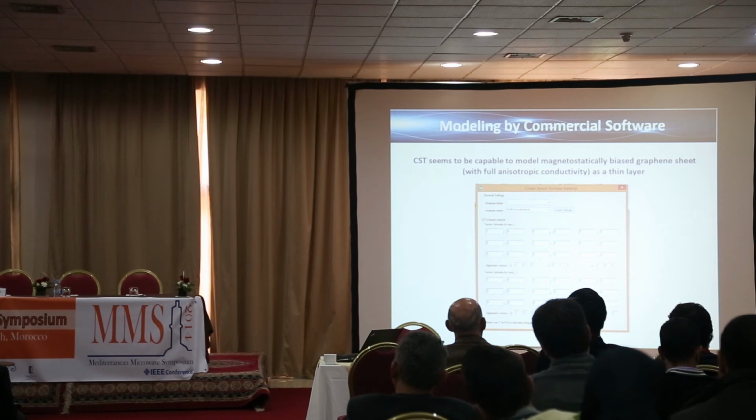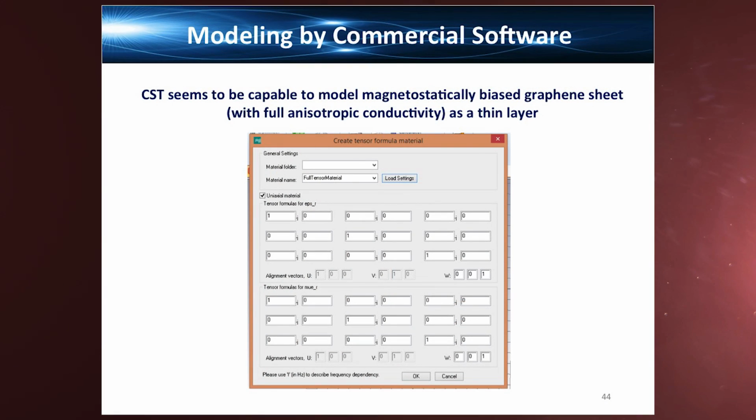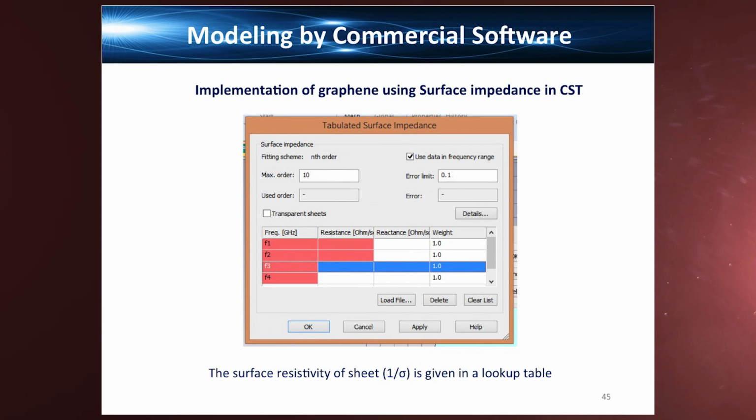And CST seems to be capable of modeling a magnetostatically biased graphene sheet because it is possible to define a full analytic tensor in the CST macro studio.